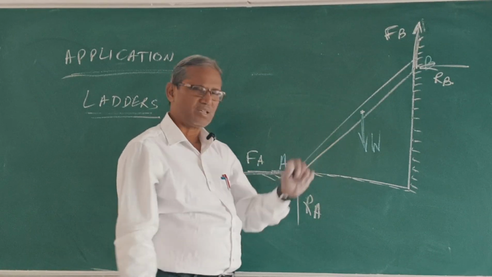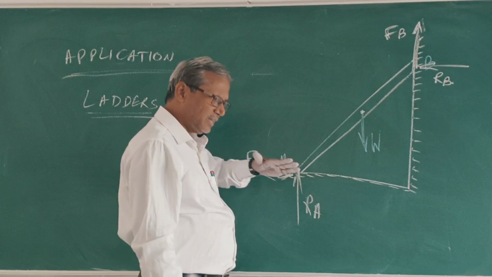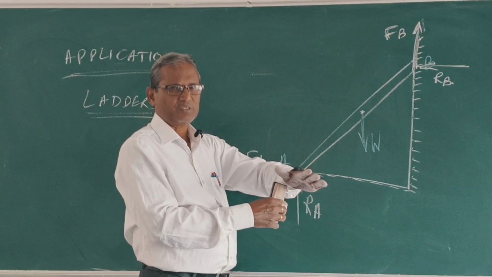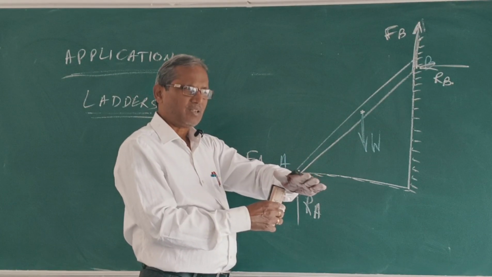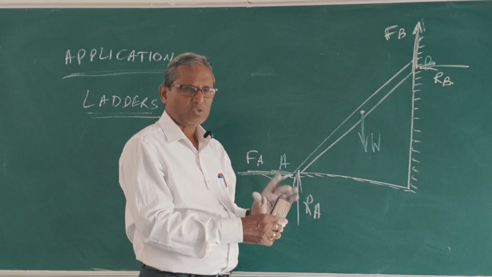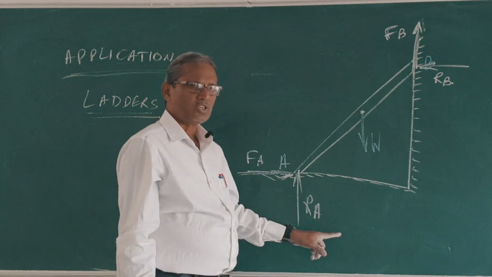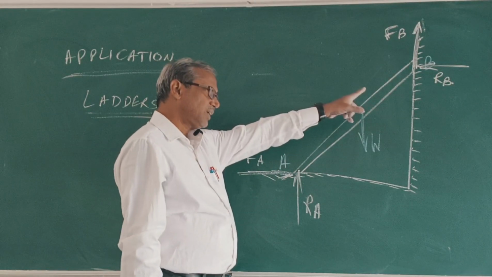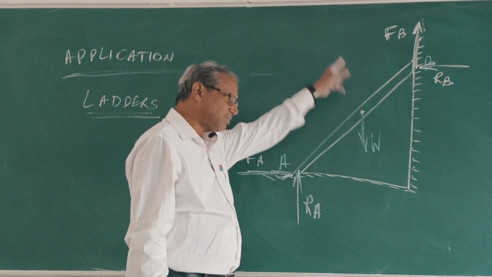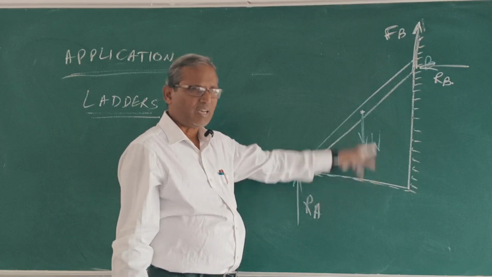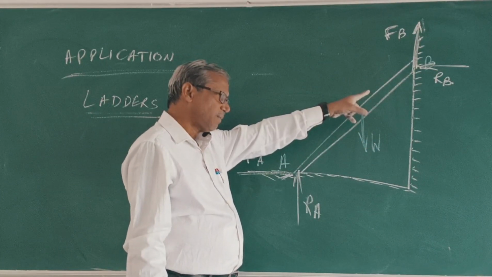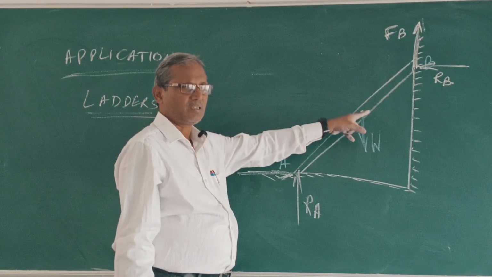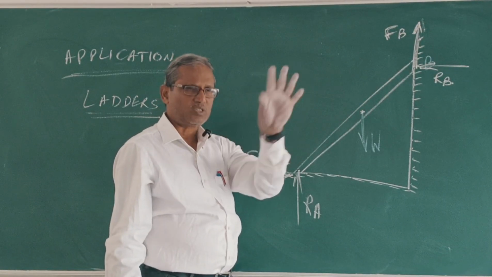Why? Because the ladder slips horizontally and the reaction is acting vertically. No virtual displacement along the line of action of RA, so the distance of RA is 0 and the work done by RA is 0. Similarly, at point B, the ladder slips along the wall, along FB, but the reaction RB is normal to the wall. Its virtual displacement is 0, so its work done is 0.